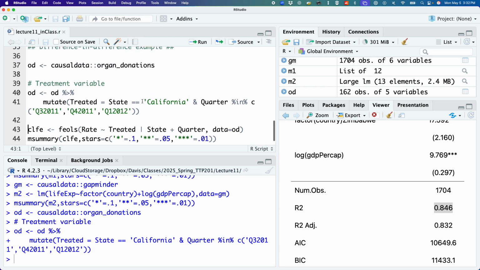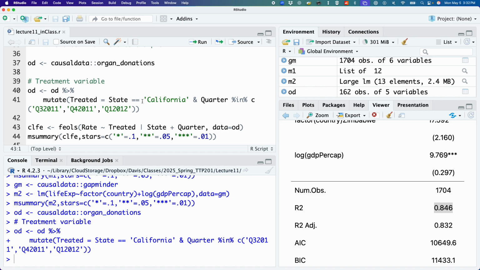Yeah, so let me talk about this particular example. In most states in the US, you are by default opted out of being an organ donor.